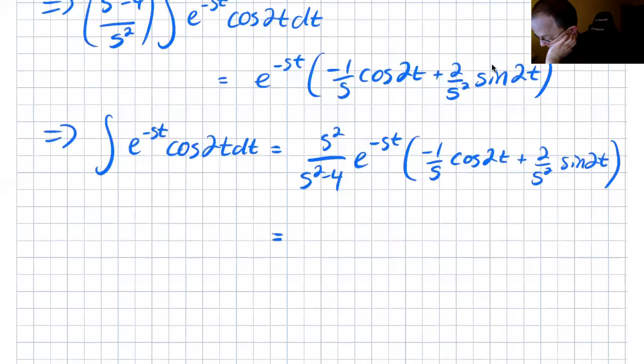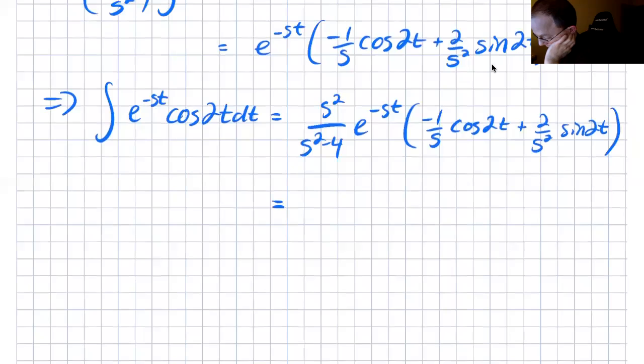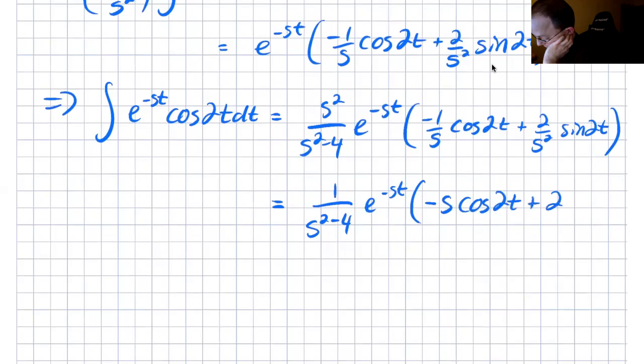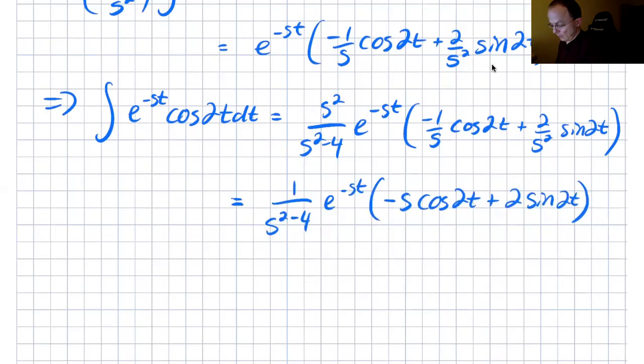So I could factor out this 1 over s squared, and that'll cancel that. So I'll get 1 over s squared minus 4 e to the negative st times negative s cosine 2t plus 2 sine 2t. Okay, so there's that integral that we'll need.